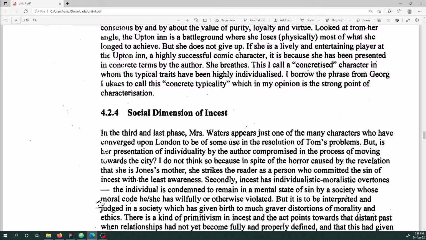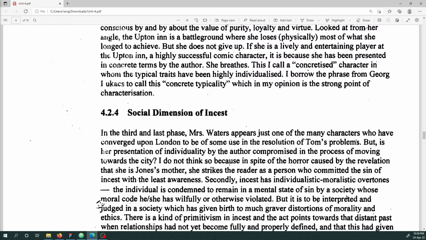4.2.4 Social dimension of incest. In the third and last phase of Mrs. Waters, Mrs. Waters appears just one of the many characters who have converged upon London to be of some use in resolution of Tom's problems.